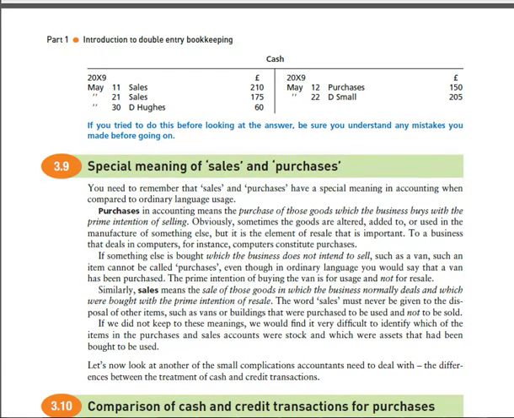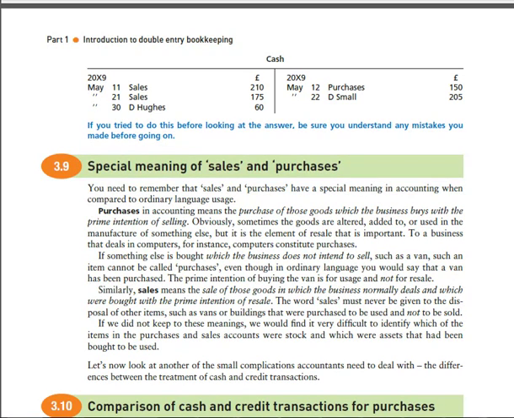In terms of sales, sales means the sale of those goods in which the business normally deals and which were bought with the prime intention of resale. So if a furniture company sells furniture, that would be classed as sale of goods.